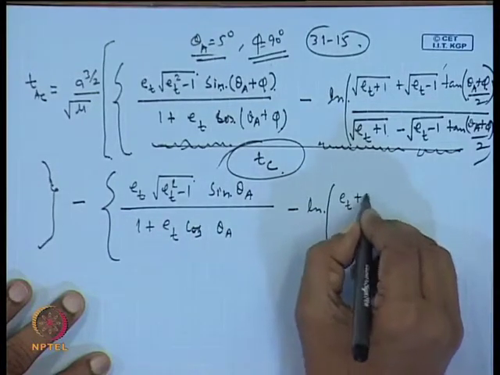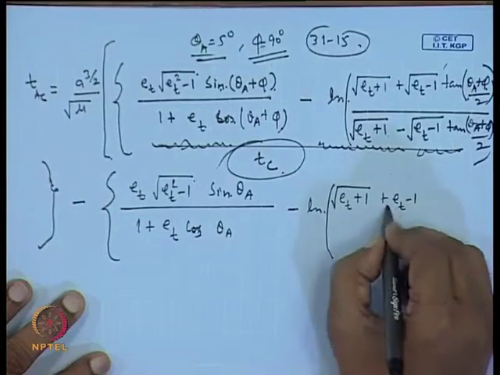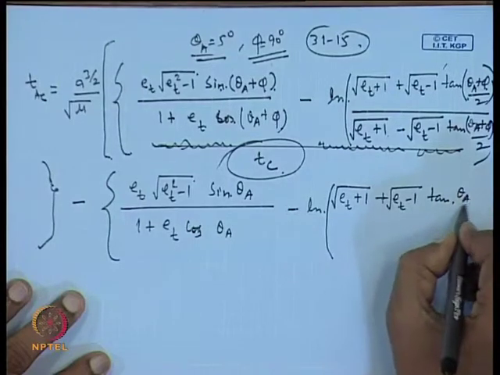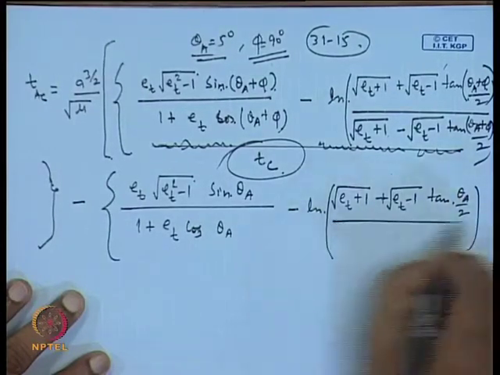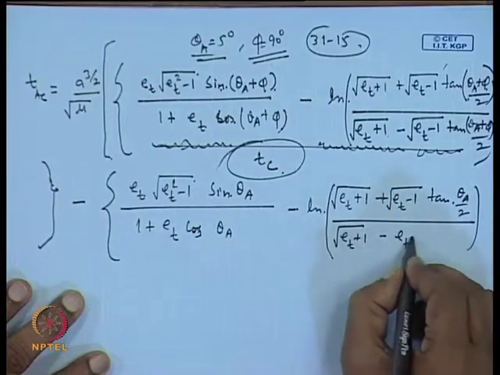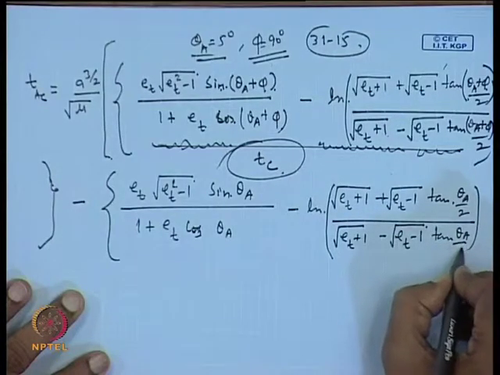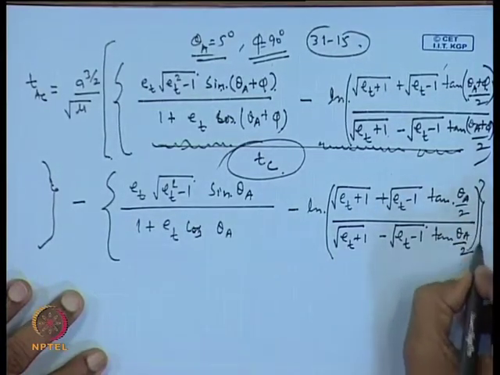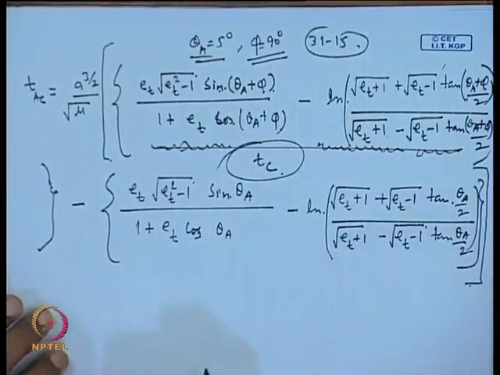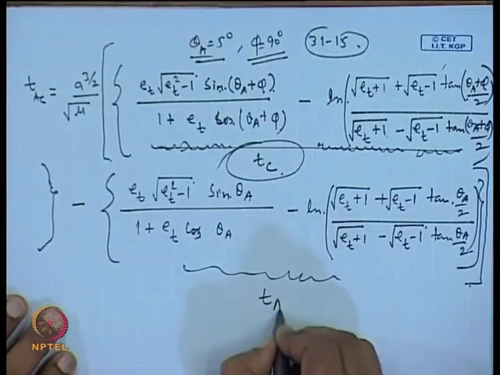Square root of E t plus 1 plus square root of E t minus 1 times tan theta a divided by 2, and this divided by the same with tan theta a divided by 2. Then this bracket gets closed, and then the large bracket gets closed. So, this is your quantity T a.